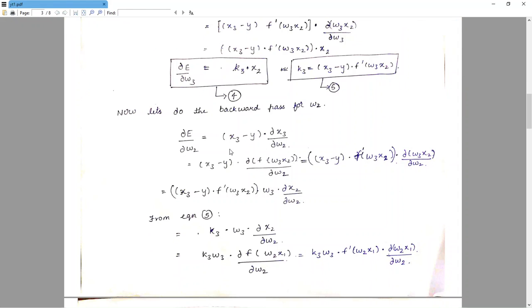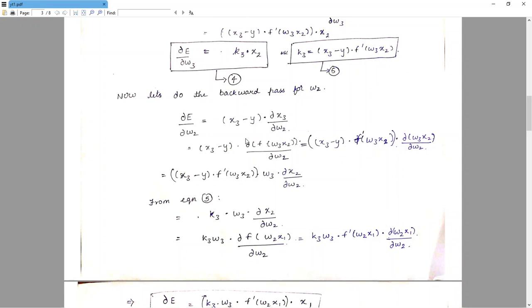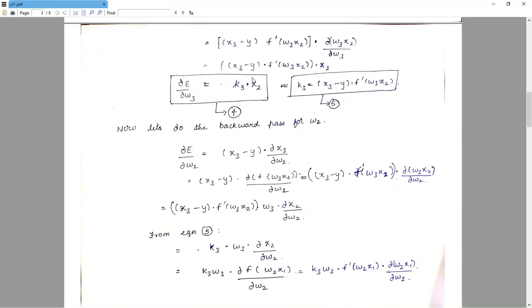Now let's do the same thing for w2. You will see why I did this in a second. Now we need to calculate it for w2, the second weight matrix in the neural network. It's the same thing. Now the problem is, in the above case, x2 was a constant. It did not matter in the case of w3, because x2 is not affecting the output x3 directly.